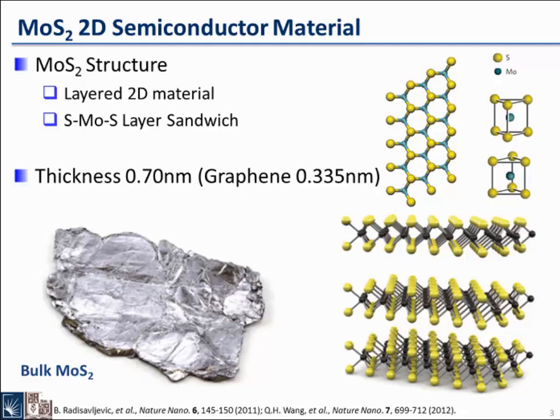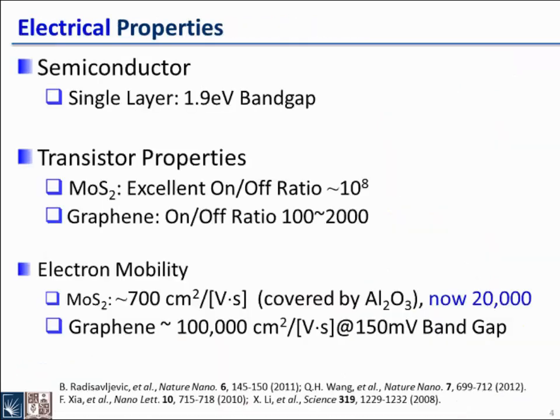For example, the forerunner of this beyond-graphene semiconductor is actually molybdenum disulfide. You can see the bulk crystal is here, and the atomic structure is shown here, and each layer looks like this. Here the black sphere is the molybdenum, and the golden colored is sulfur. These are just representative members of this family called transition metal dichalcogenides.